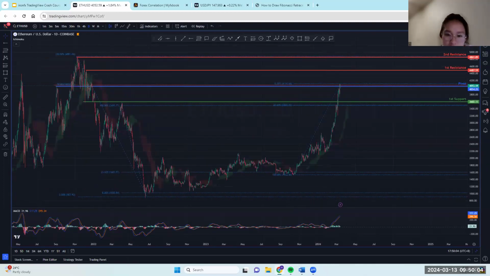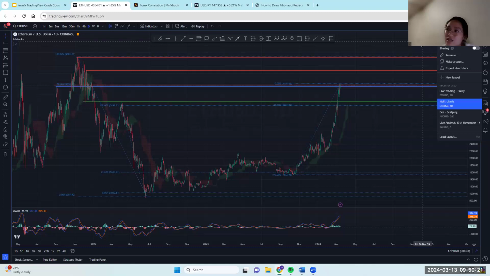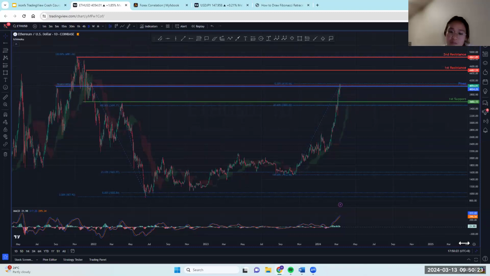Okay, someone asked if I have a marked up chart, but I want to look at the same asset on a clean chart. You can actually open another layout and look at that same chart on another layout.